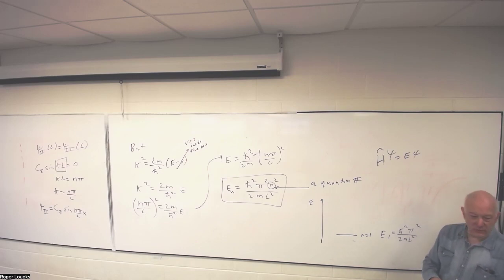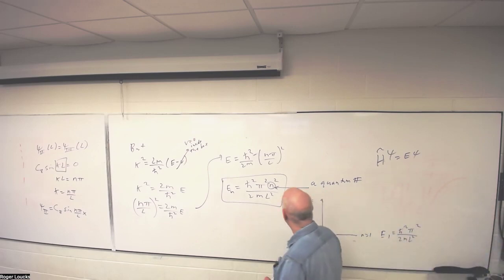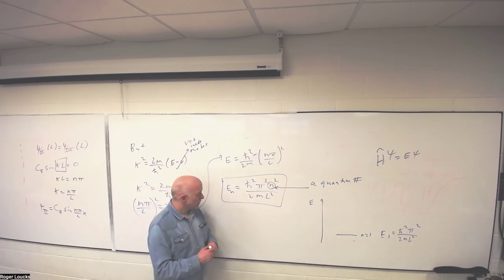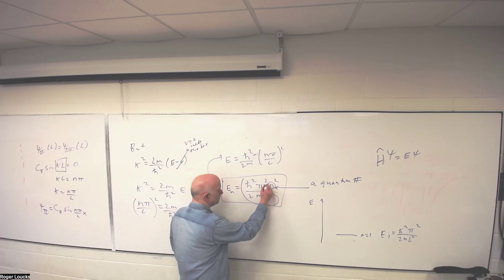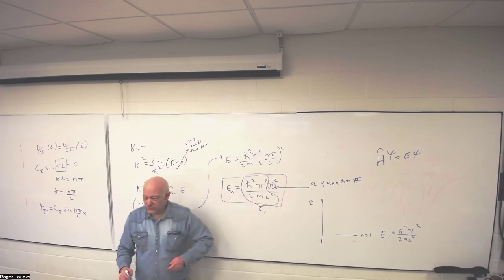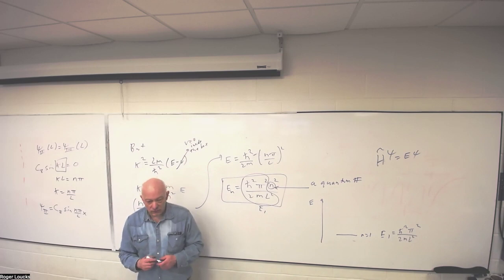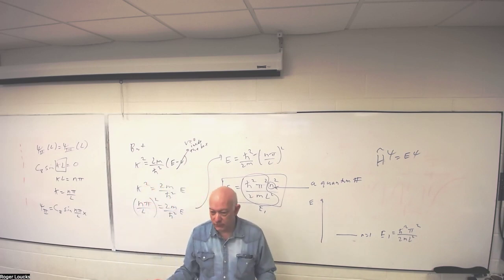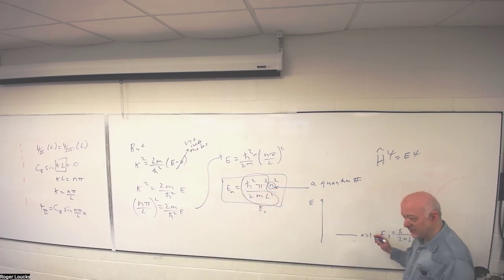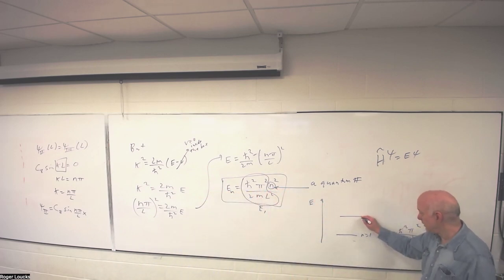What happens if n is 2? This whole quantity here, that's really E1. So if my n is equal to 2, it sounds like you have a list, doesn't it? 4E1. So this is going to be E2 here, n equals 2.